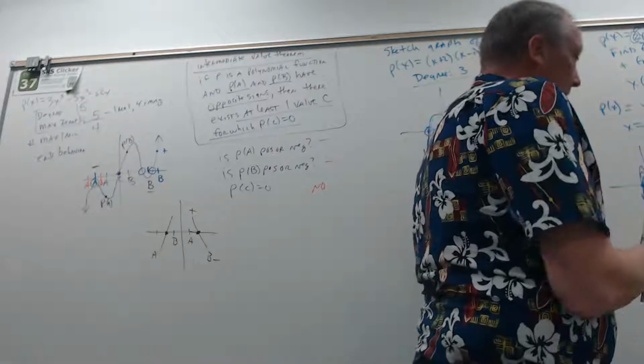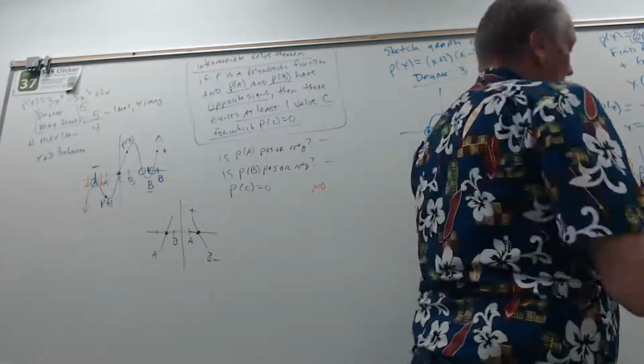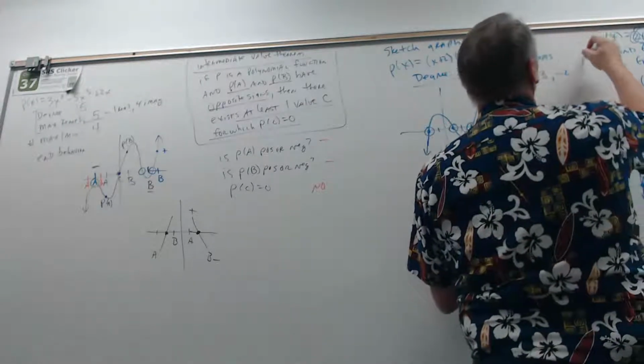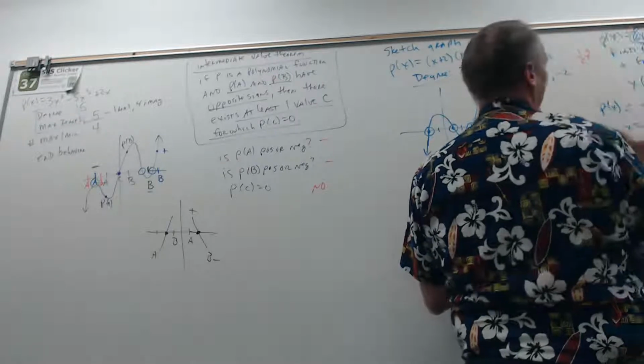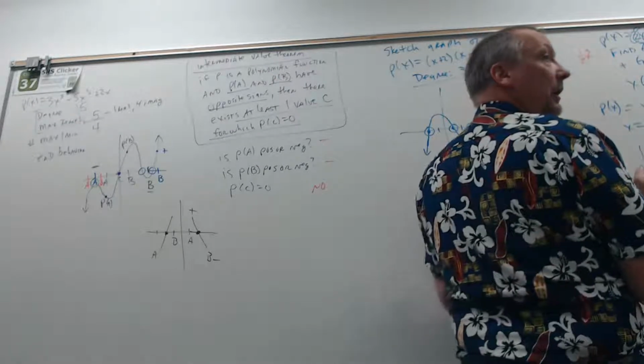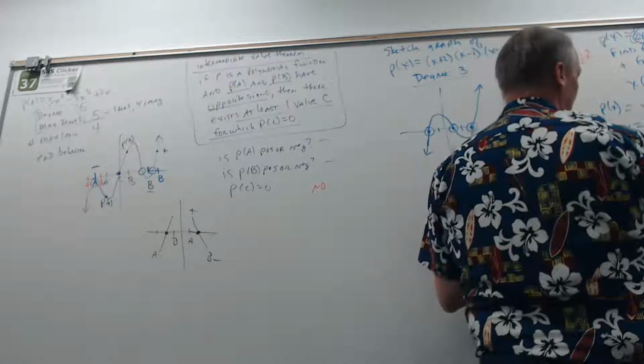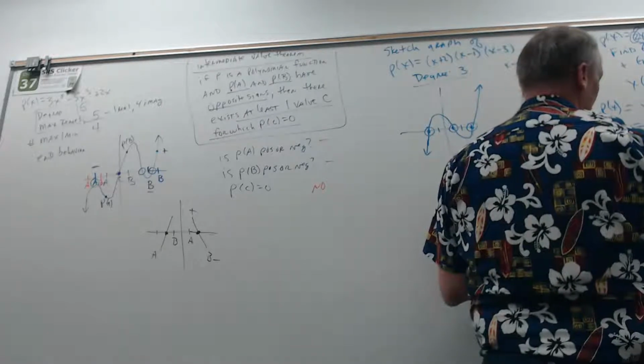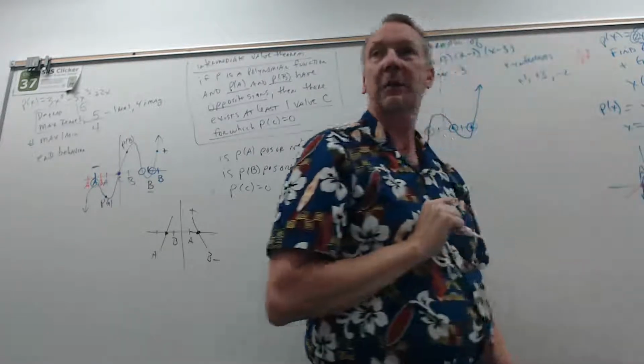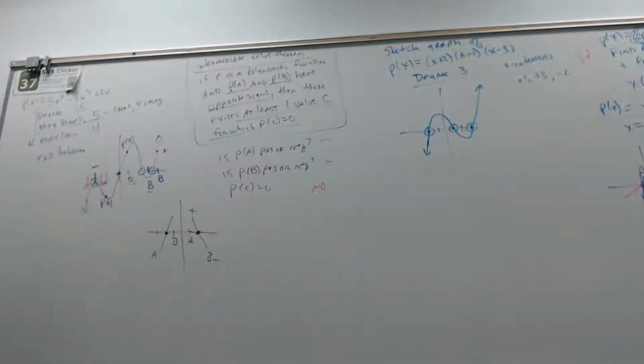If it was a 1/2 x cubed, then it would be flatter. It would probably be something like that. Does that make sense? Okay. All right.